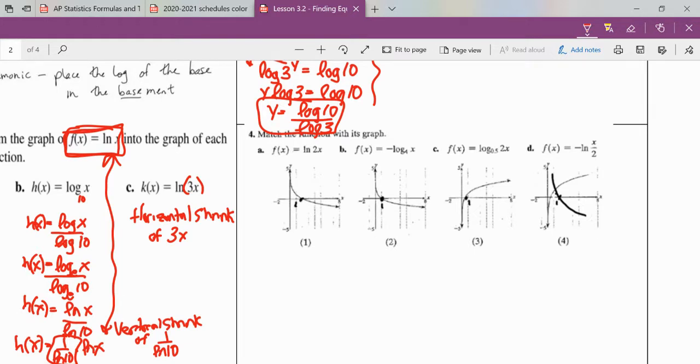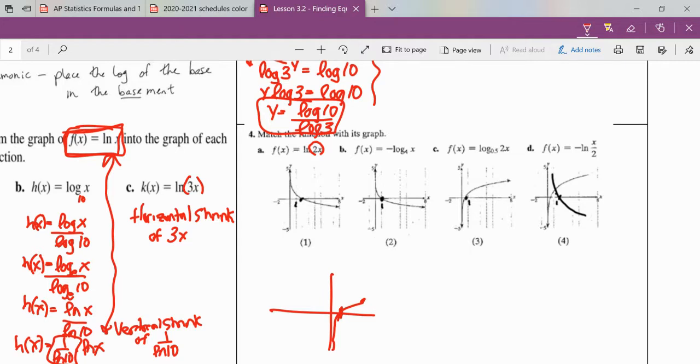So if I look at letter A here, it's the natural log of 2x, so that's on the inside. So that should be a horizontal shrink of twice as much. Normal logarithm graphs go through 1.